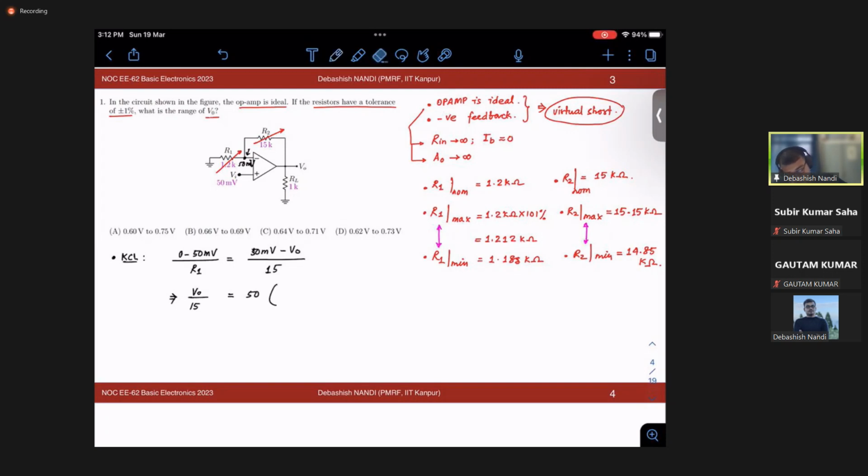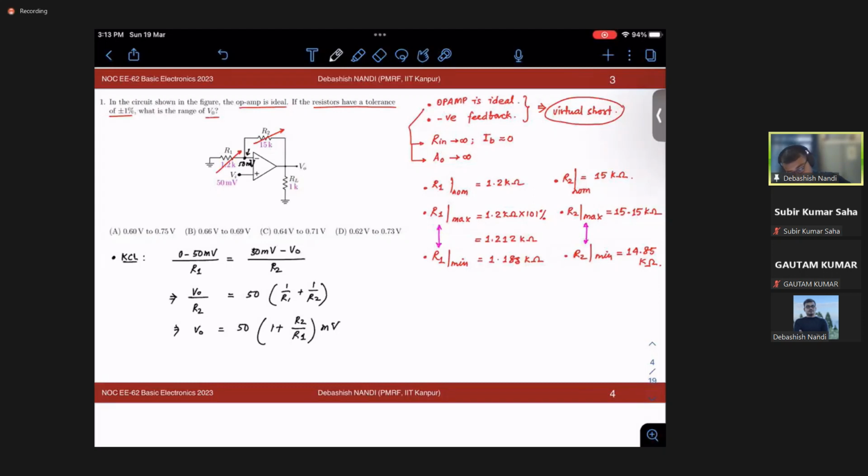Let's say it's R2, not 15. We'll find out why I am writing it in R1 and R2 terms. So if you solve this, V0 over R2 will be 50 millivolt times 1 over R1 plus 1 over R2. So your V0 will be simply 50 times 1 plus R2 by R1 millivolt. The R2 by R1 ratio is unitless.